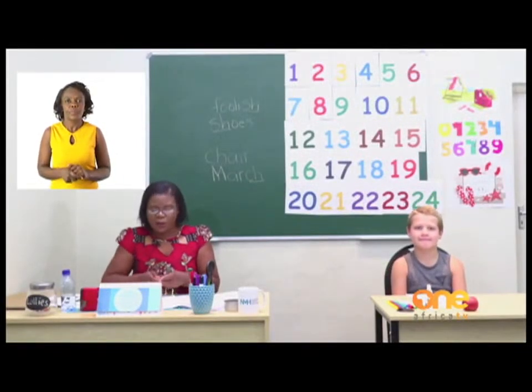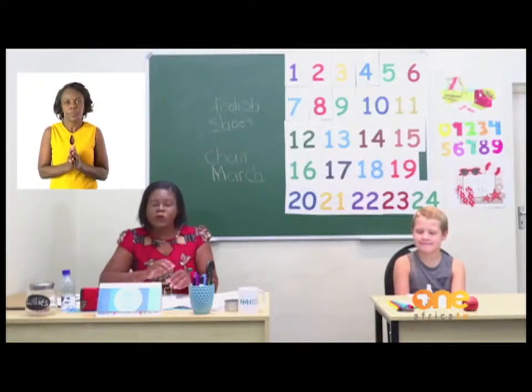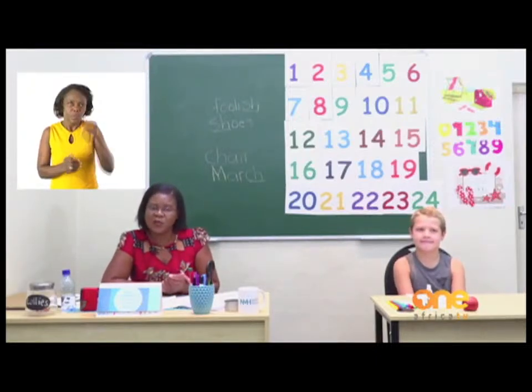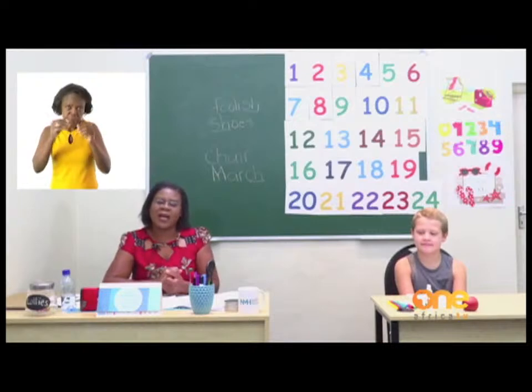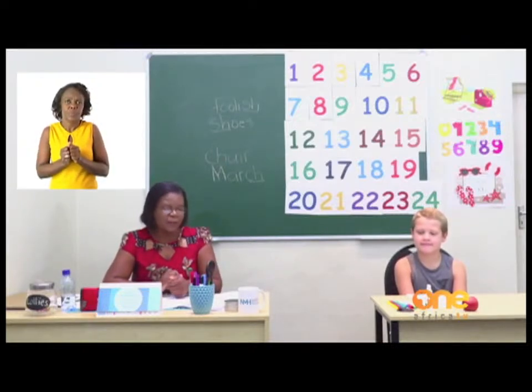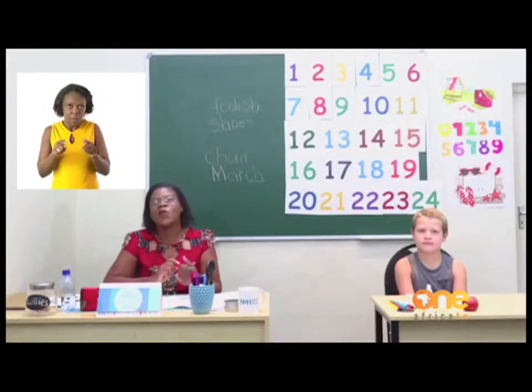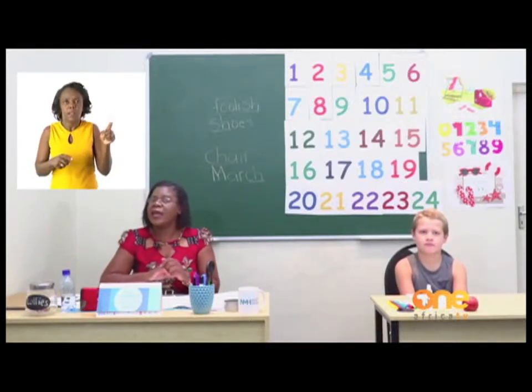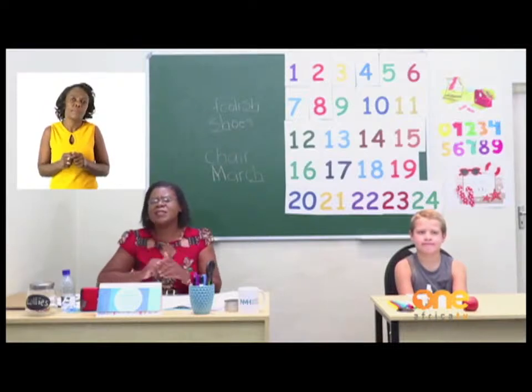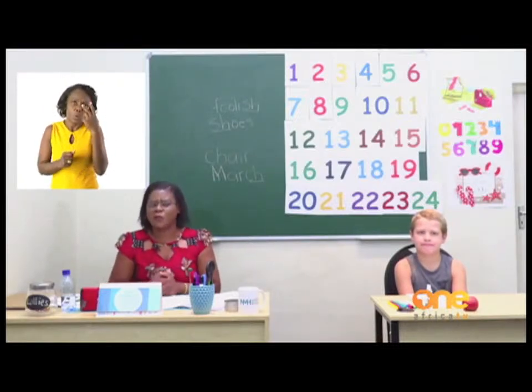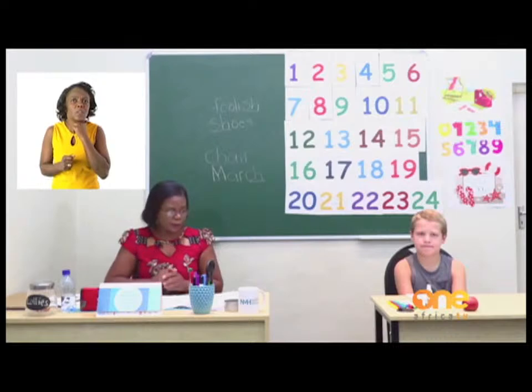Okay. Now, I would like to know if you still remember what we have learned so far. Remember, we have done the shapes. We have only done 3 shapes: the circle, the triangle, and the square. And after that, we have learned 2 sounds that always confuse us. Which sounds are those?